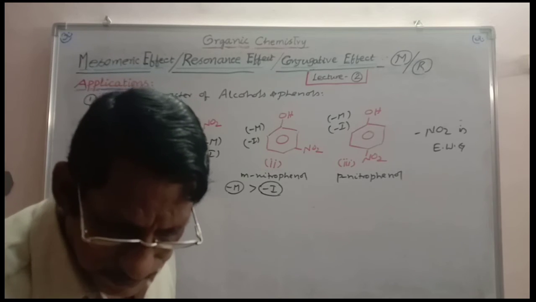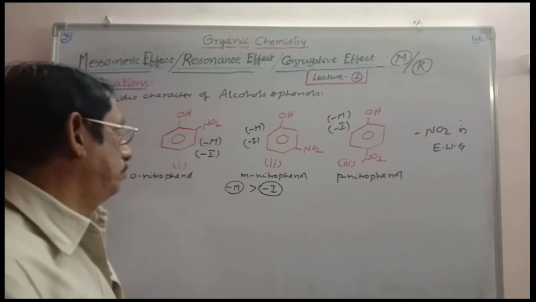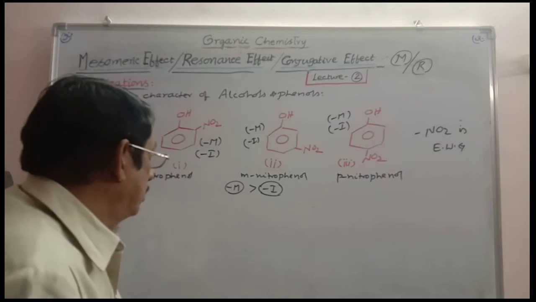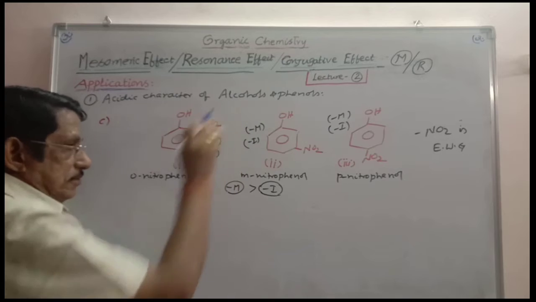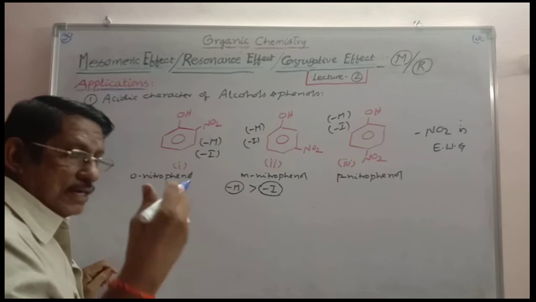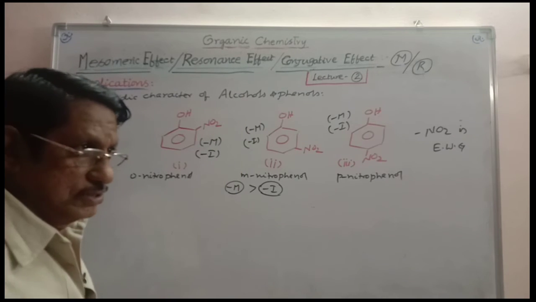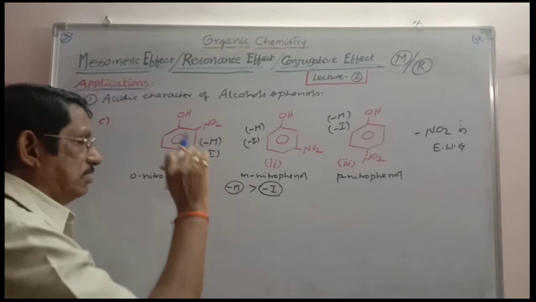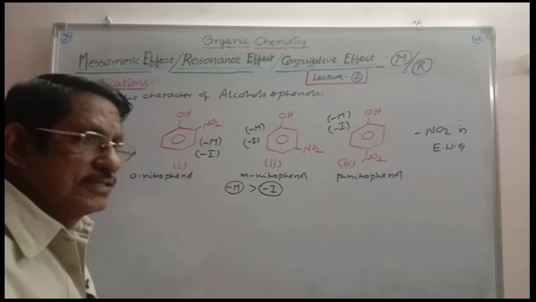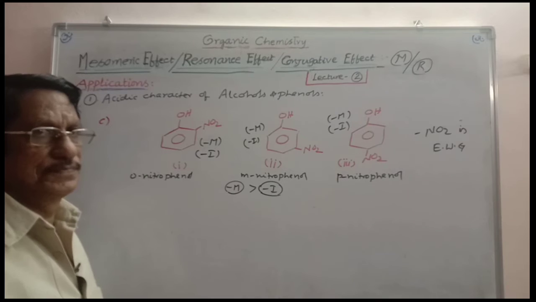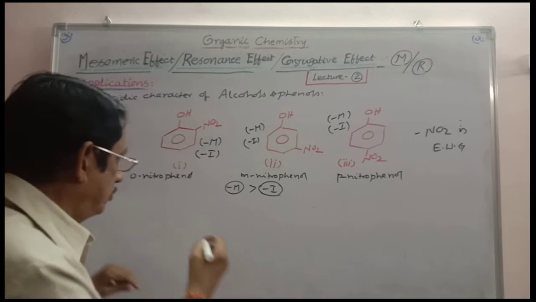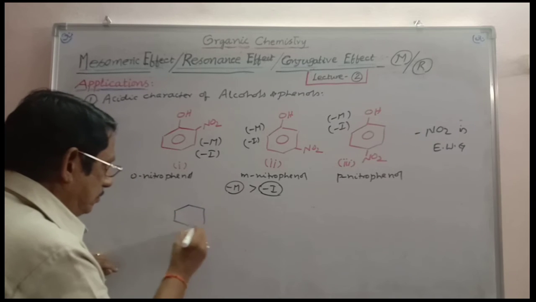Now, let us consider what is going to happen here. Nitro group is electron withdrawing through minus mesomeric effect. Due to the minus mesomeric effect, it is delocalizing the positive charge in the benzene ring. NO2 group gets minus charge. Here you can take like this.